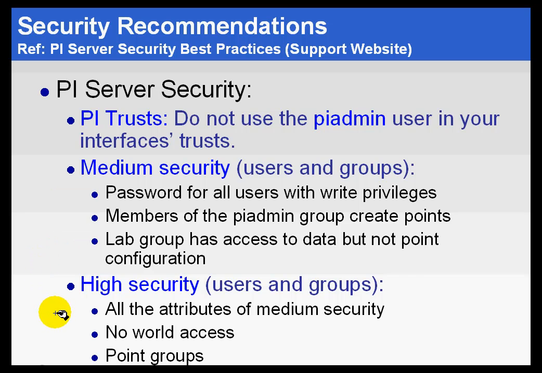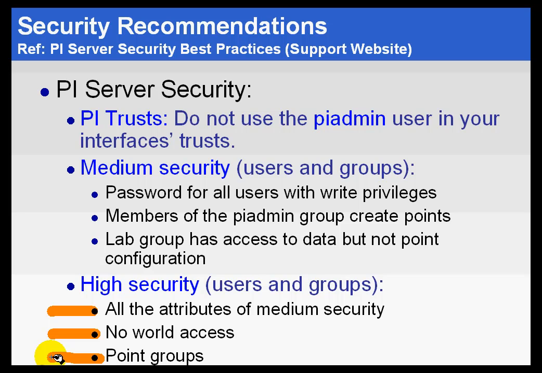A higher security would be if you implement, first of all, the attributes of medium security, but then also remove world access, so there will be no world read access. It means for all of the points and all the databases, just set world privilege equal to none. And then in addition, we would suggest you create point groups. This would be groups of users who can edit only specific points. So, different groups within your organization may look at different sets of points.